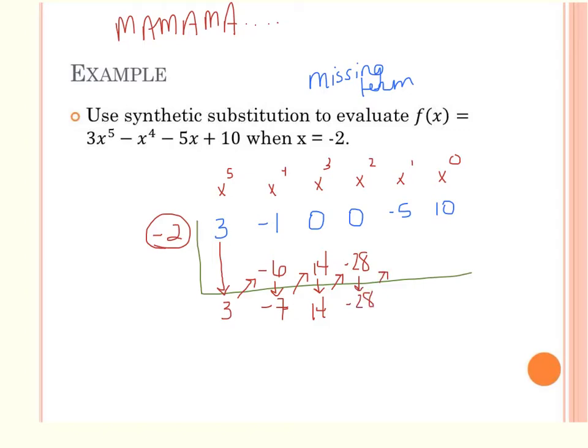Multiply, we get a positive 56. Add, you get a positive 51. Multiply, you get a negative 102. Add, you get a negative 92. Okay, this last number is your answer. So we could write f of negative 2 equals negative 92.